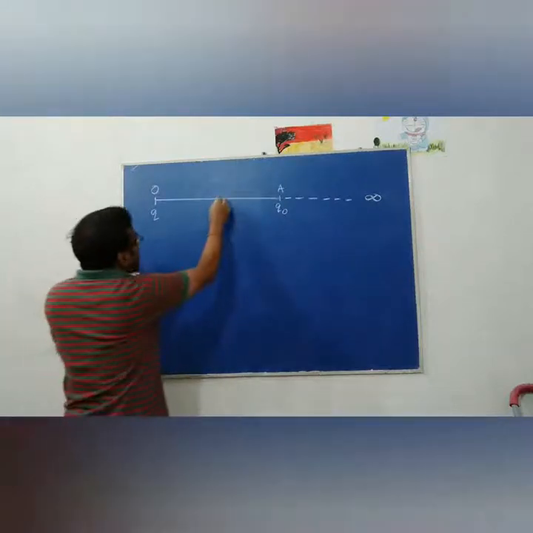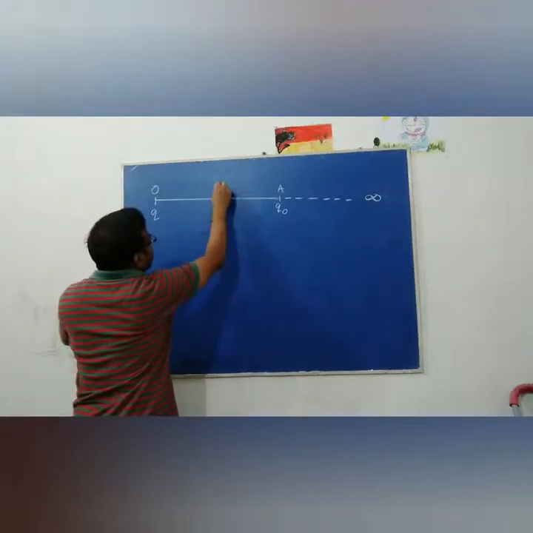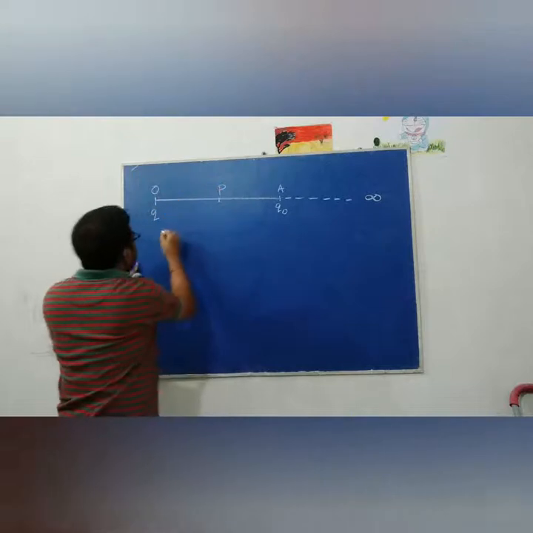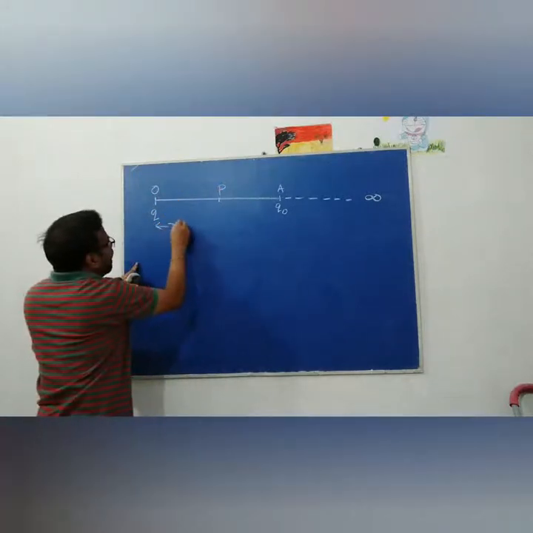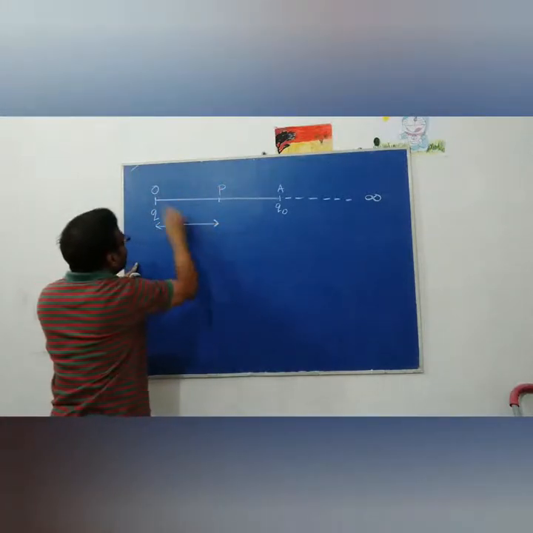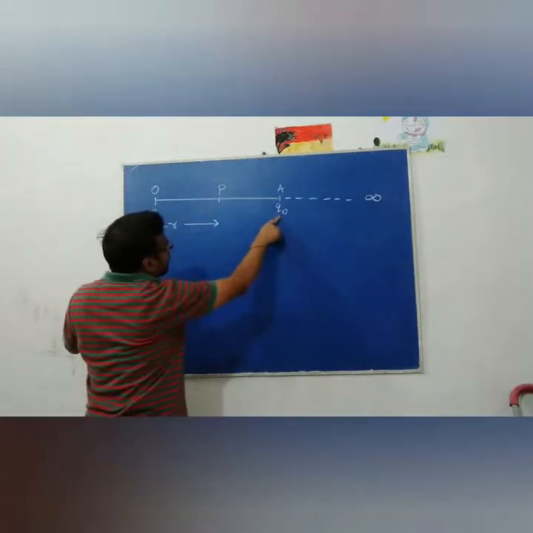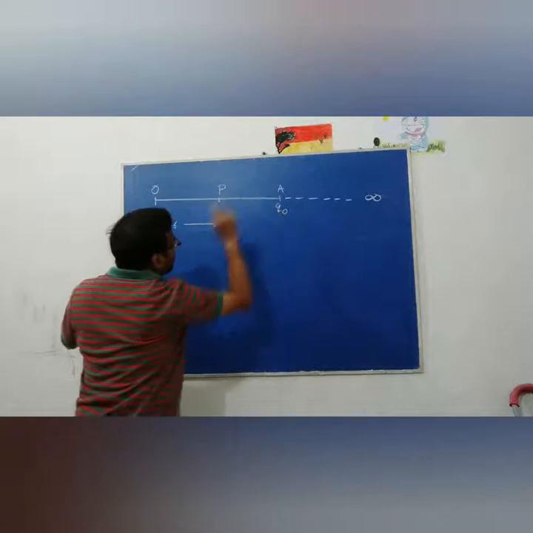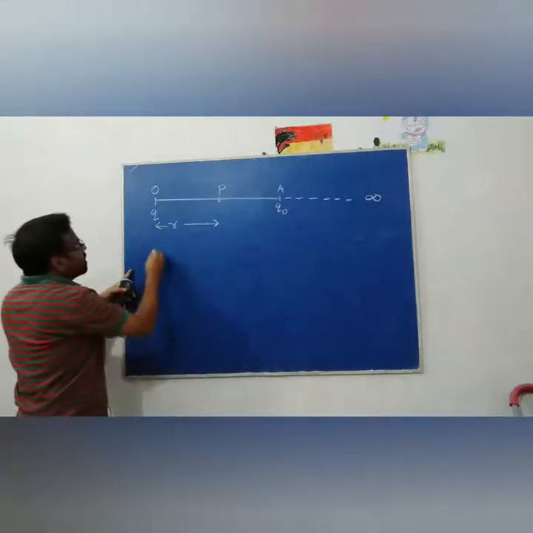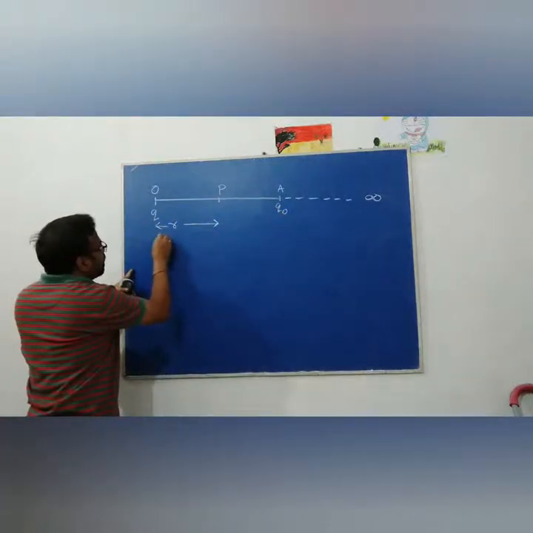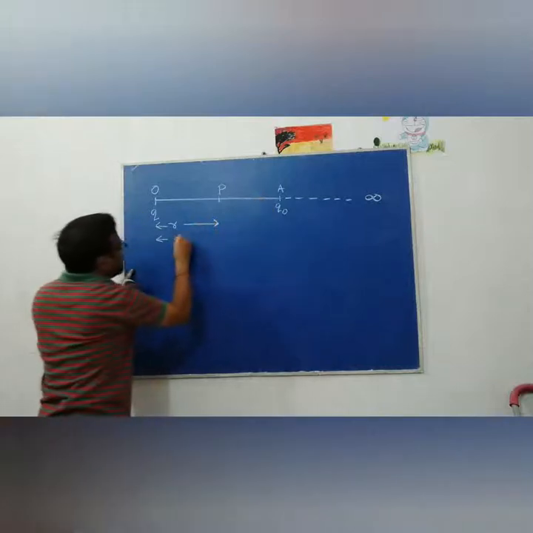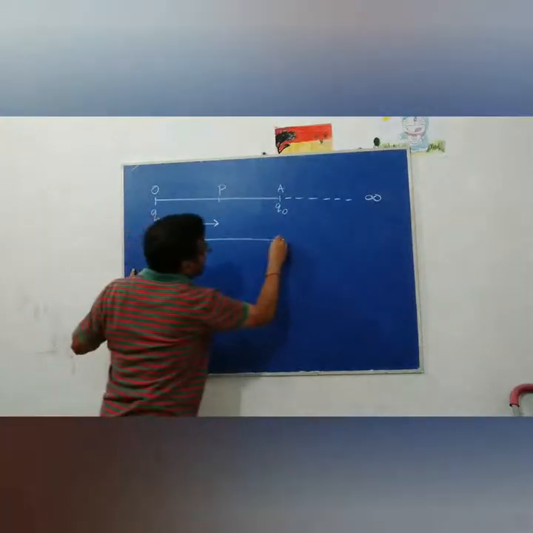Our aim is that we have to find out the potential at point P at a distance R from O, and this Q0 is at point A. The distance from O up to A is X.